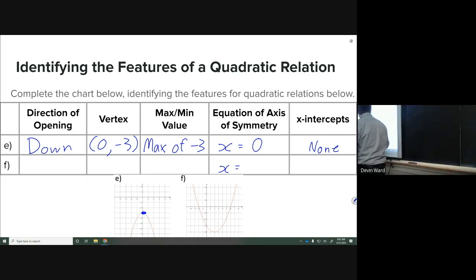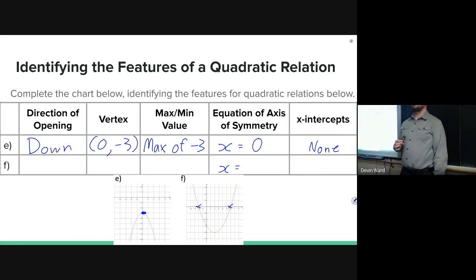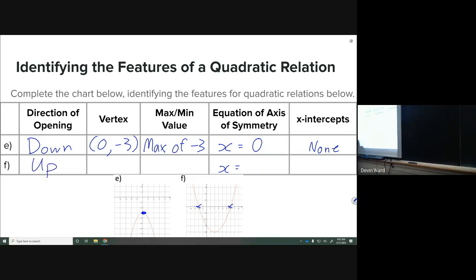Okay, F, we actually will have some x-intercepts. First, does it open up or down? Up, good. Facing up. And our vertex is right here, which would be what point? Yep, -4, and what's the x part of it? 2, good.